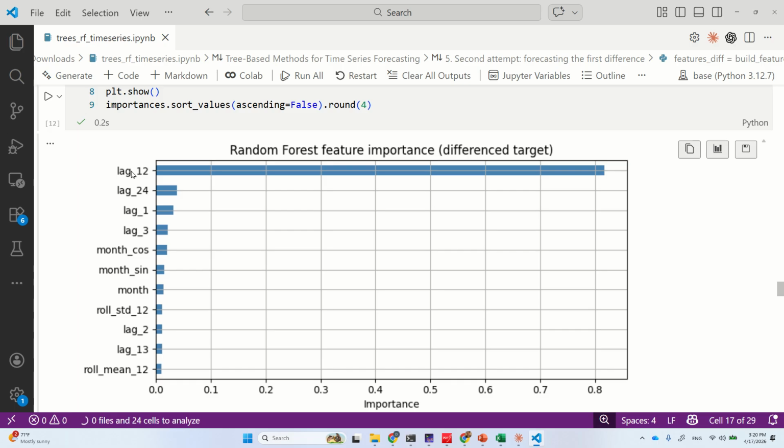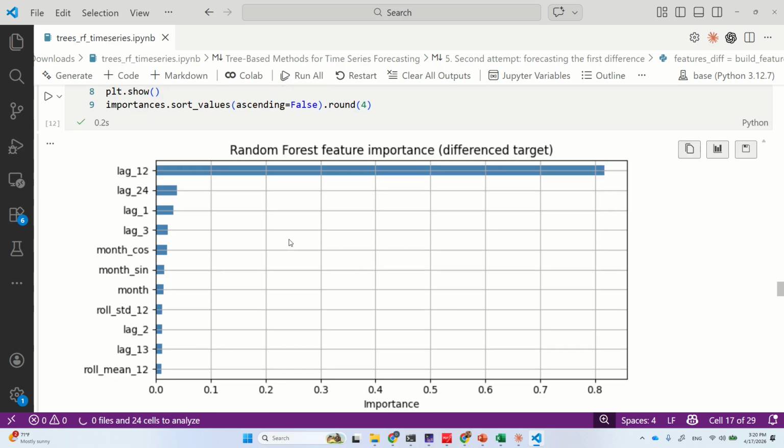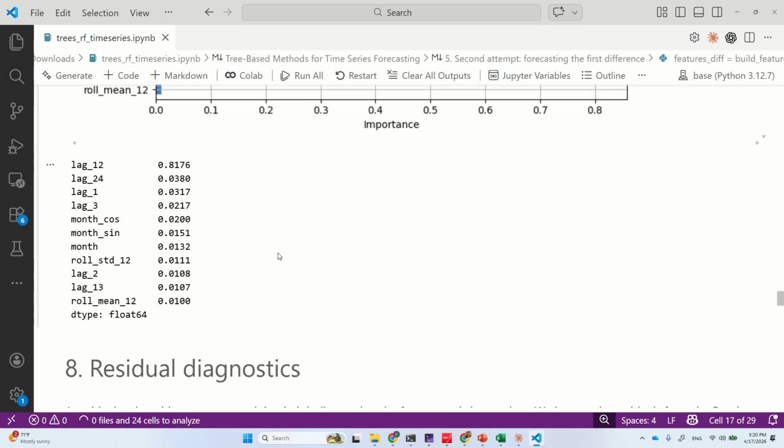So the same month, but of the previous cycle, the same season of the previous cycle. And it makes sense because if you remember, the time series here has seasonality, right? So that's why it's suggesting that it's really important. You see the size of the bar, so the importance is clear.